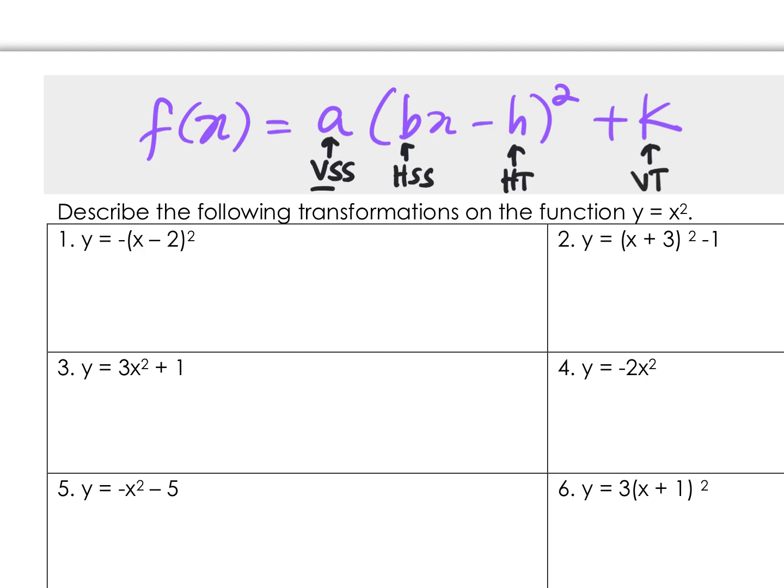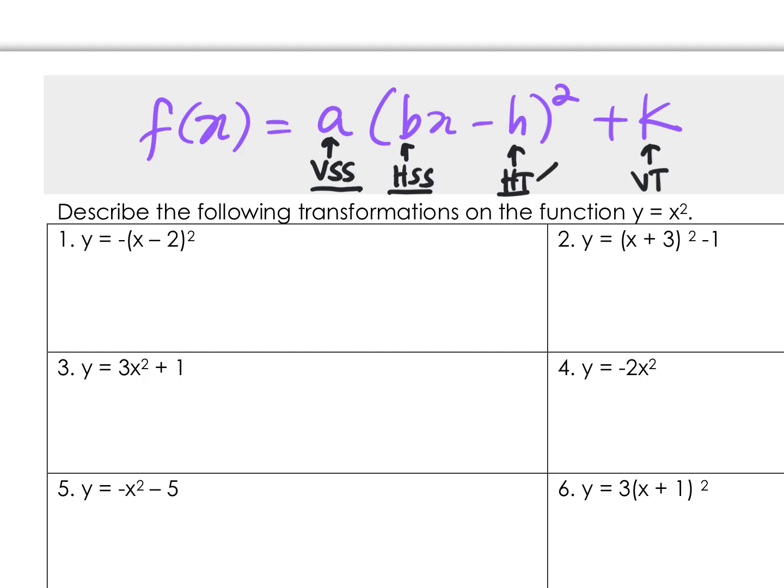So let me repeat that. VSS represents the a, which is your vertical shrink or vertical stretch. Now, the b in here represents your horizontal stretch or horizontal shrink. And then here is going to be a horizontal translation.